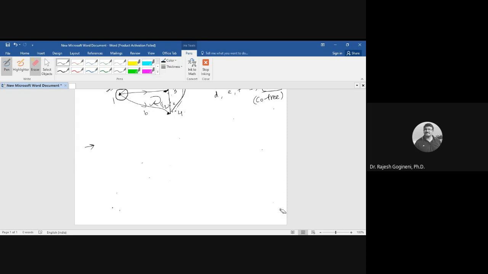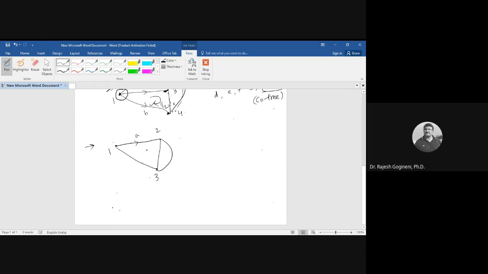I will give a simple graph which is having 4 branches and 3 nodes. Simple one: nodes 1, 2, 3. 3 nodes and 4 branches.